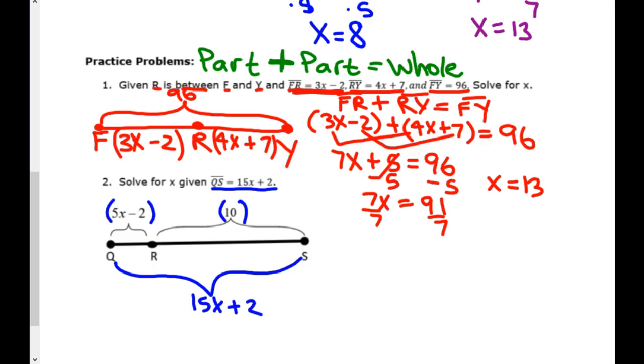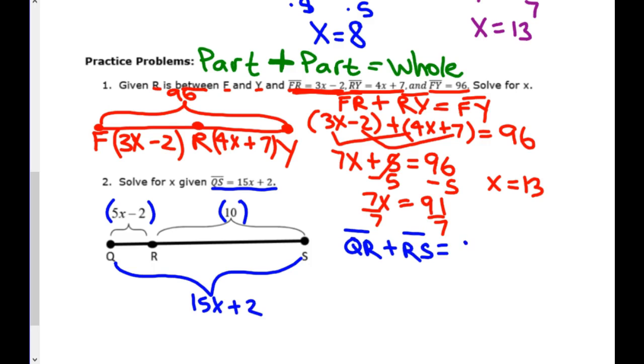So now you can see we have a part and a part and a whole. So same idea. Part plus part equals whole. And I'm going to set it up the same way. My first part is QR plus my second part is RS.